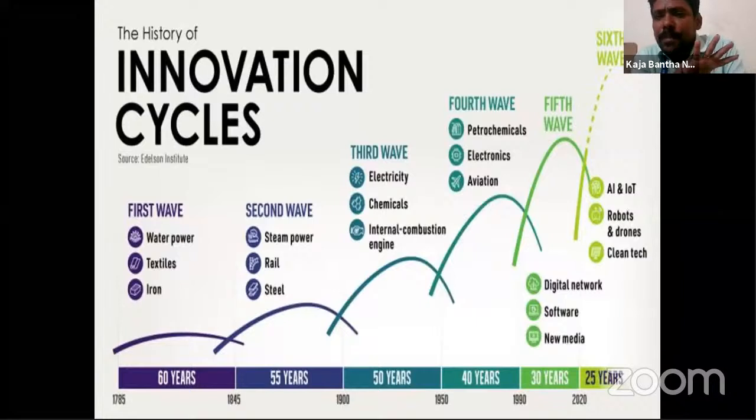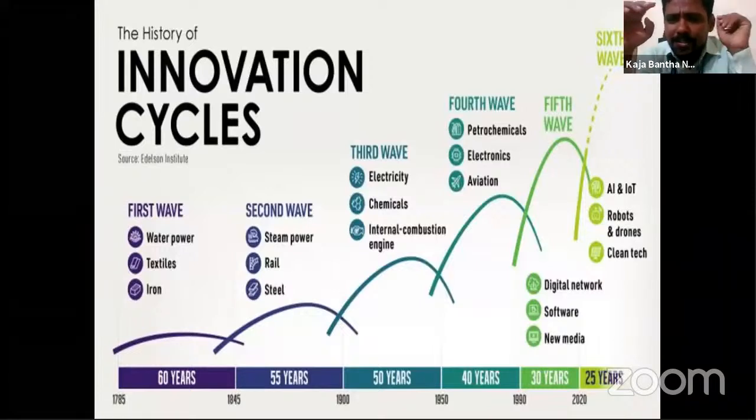The fourth wave is petrochemicals, electronics and aviation. The fifth wave started in the 90s: the digital world, digital networks, software, new media. Now it's the AI world, the 2020 wave.